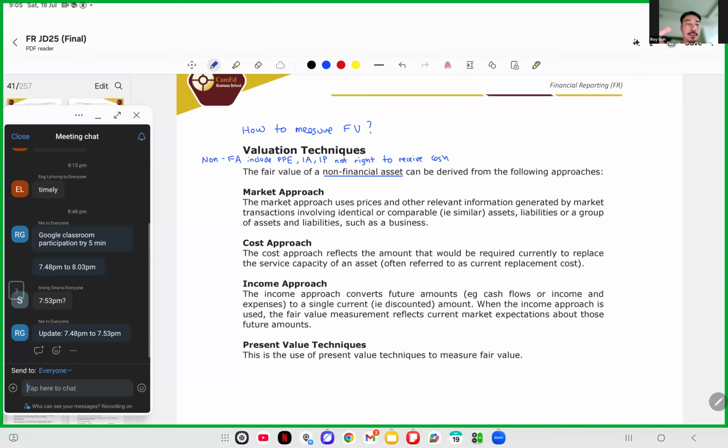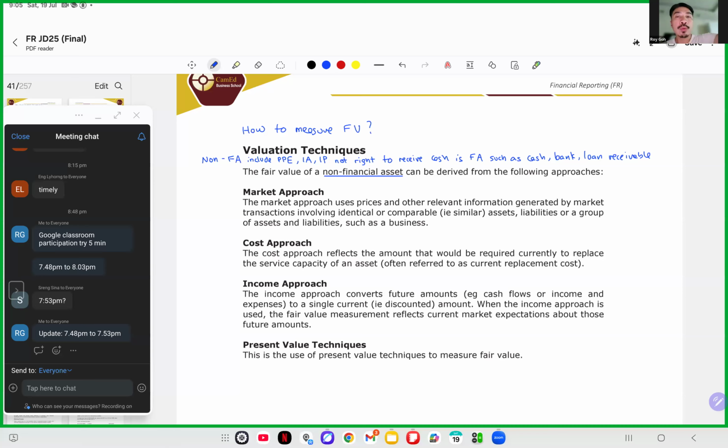If it is the right to receive cash, it is a financial asset, such as your cash, such as your bank, such as your loan, receivable. So these are maybe your bank deposit also get the same idea. These are your financial asset with the right to receive money.